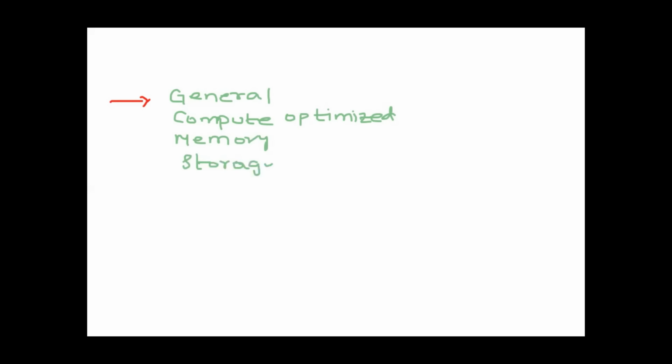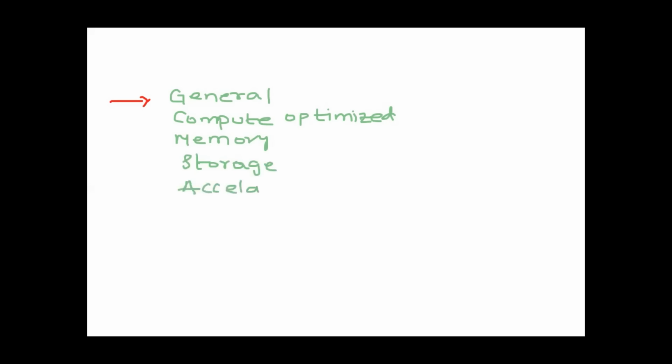So you have general purpose EC2 instances, you have compute optimized EC2 instances, then you have memory optimized, storage optimized, and accelerated compute.